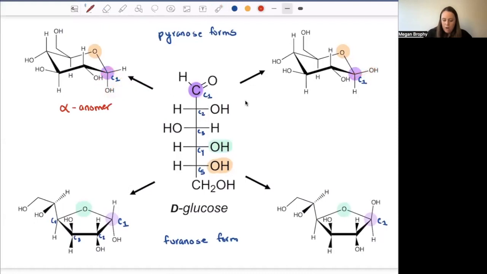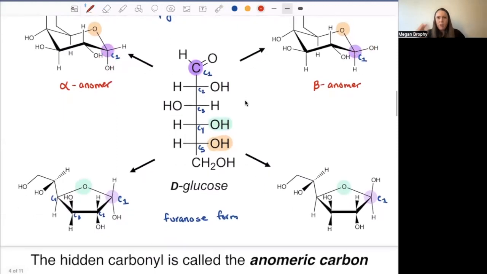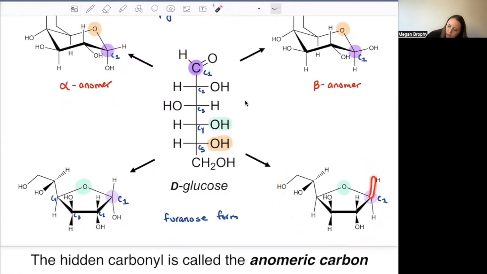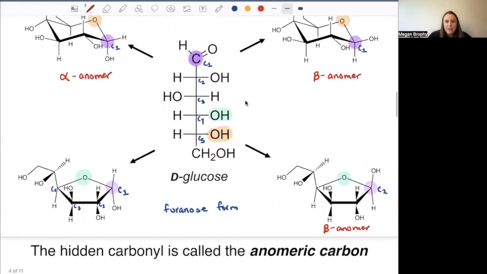So this is going to be our beta anomer. And then we'll keep moving around clockwise. In our first furanose form, we have the hydroxyl group pointing straight up. So this is going to be another beta anomer. And then in our final furanose form, the hydroxyl group is pointing down. So that's going to be another alpha anomer.